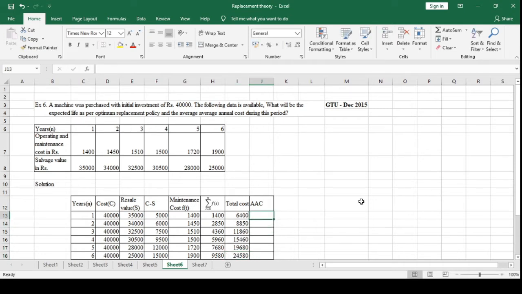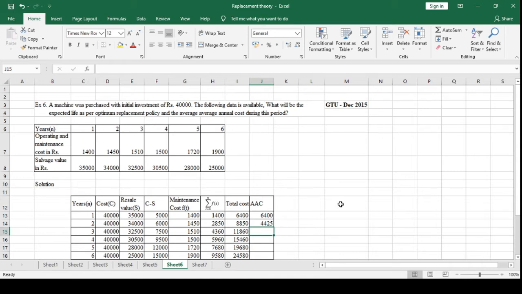Now our last column is related to the average annual cost. How are we finding the average annual cost? That is total cost divided by number of years. For the first year, 6400 divided by 1, so your answer will be 6400. For the second year, 8850 divided by 2, so your answer will be 4425.